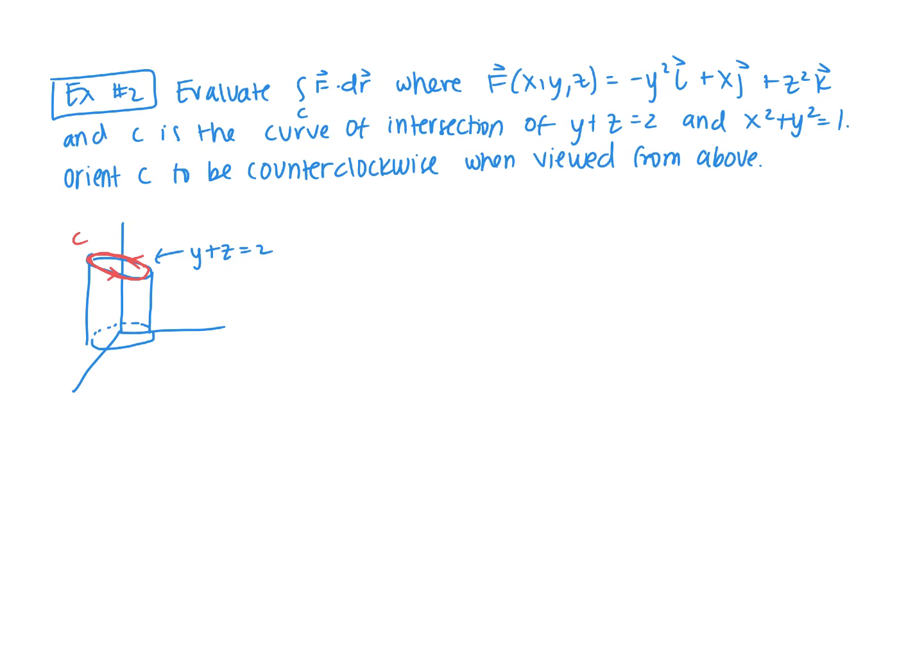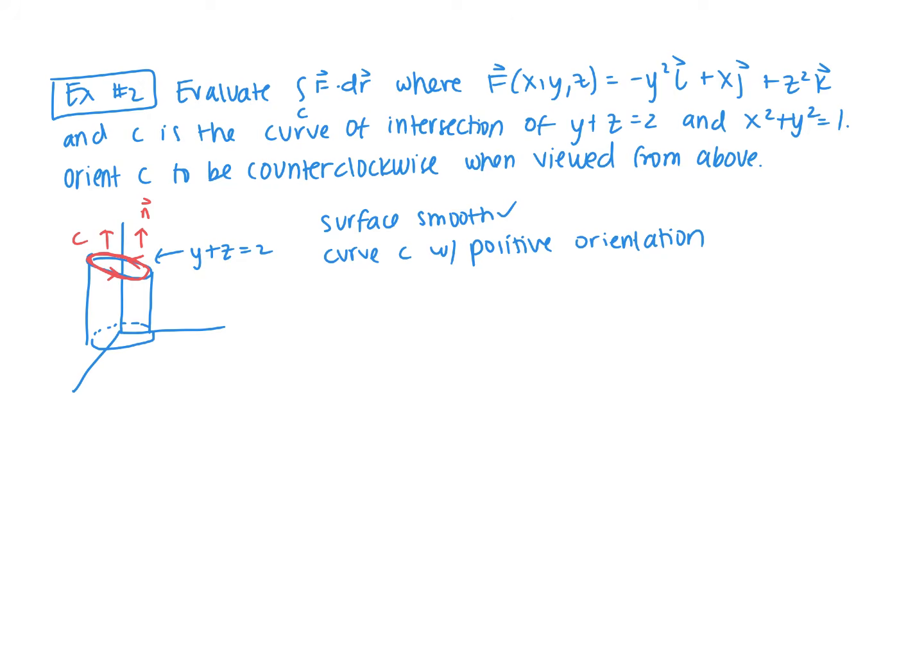Okay, so here's the thought process that we need to go through. To use Stokes, do we have a smooth surface? Yes, we do. Do we have a curve with positive orientation? Well, using the right-hand rule, figuring out where our n would be, going up.